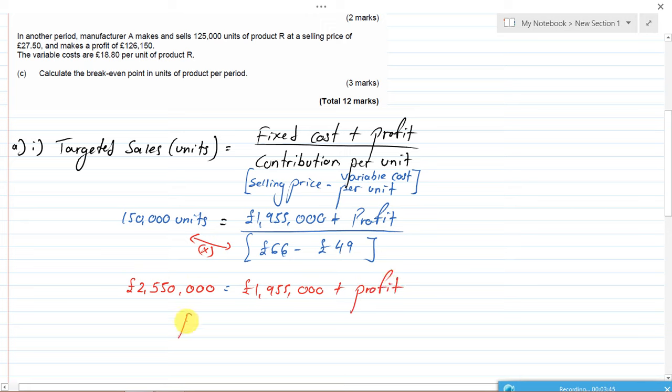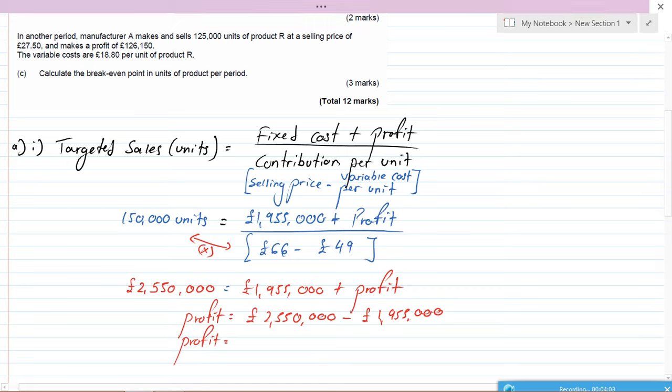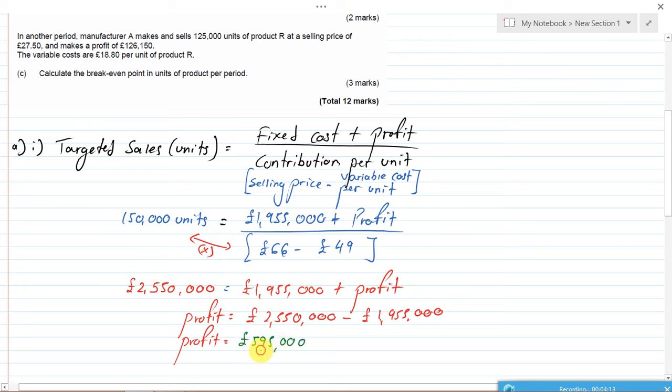Now if the profit comes here, 2,550,000 minus your fixed cost 195,500, and you will get a profit of 595,000.